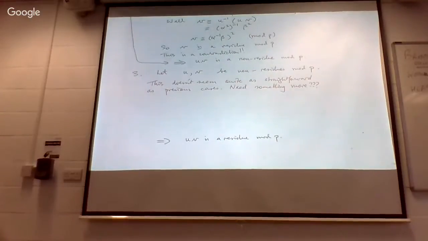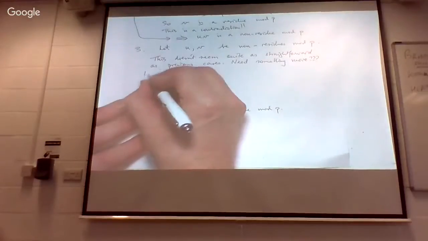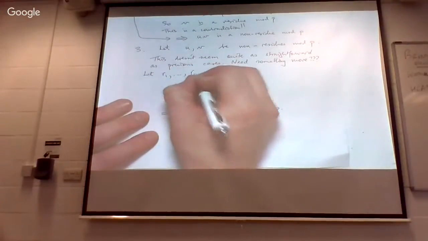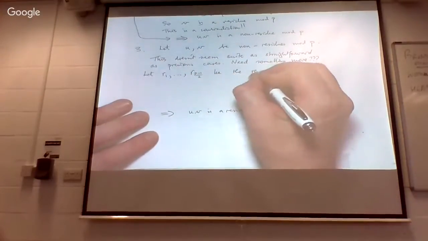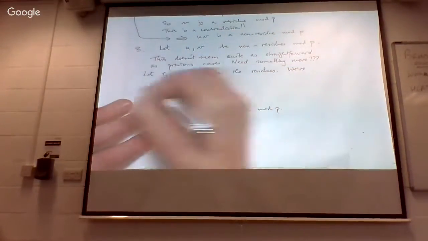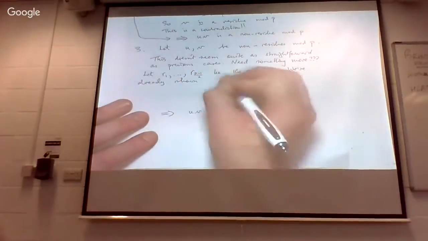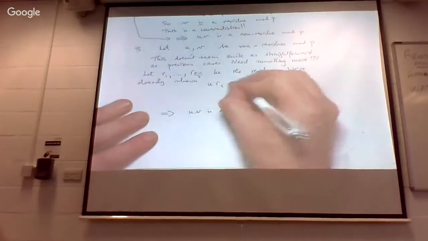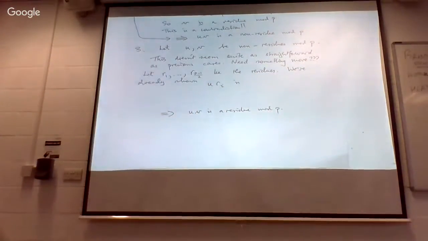So let's say let R1 up to R_{(p-1)/2} be the residues. We've already shown that when you multiply U with one of these Ri, so that's a non-residue times a residue, that was part 2.